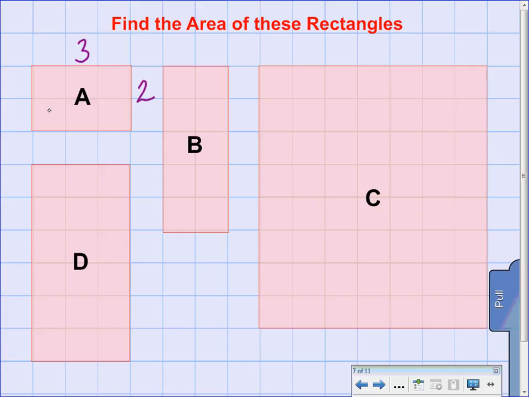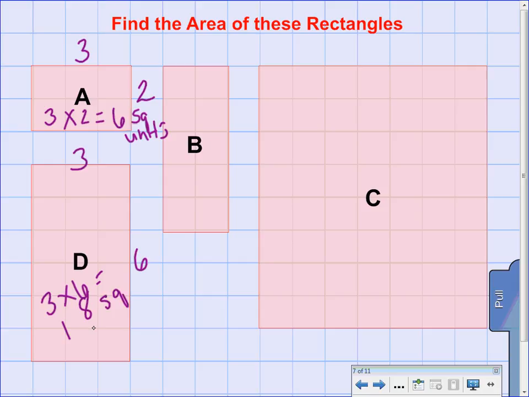Multiply them together, 3 times 2, and your area is 6 square units. Let's try this one. 1, 2, 3, and 1, 2, 3, 4, 5, 6. Multiply them together, and you get 18 square units.